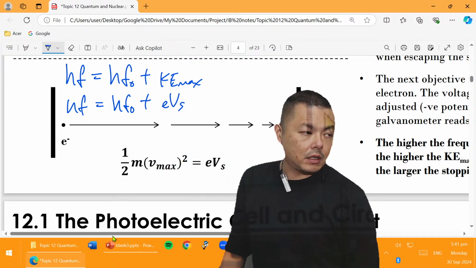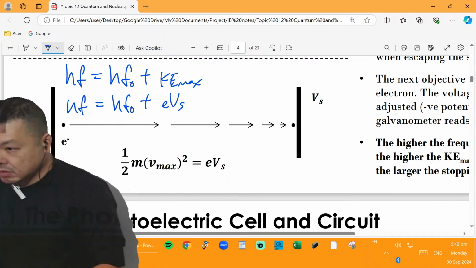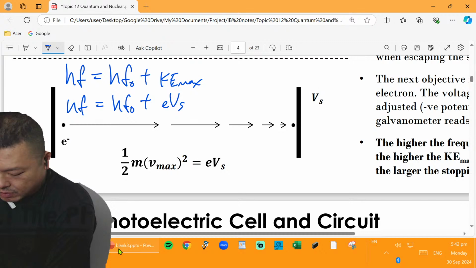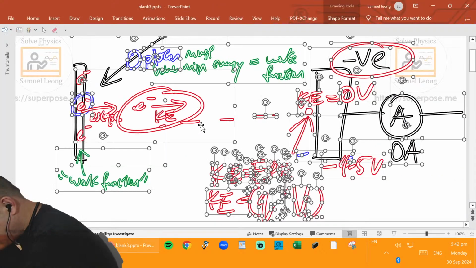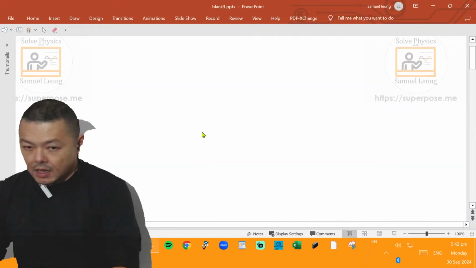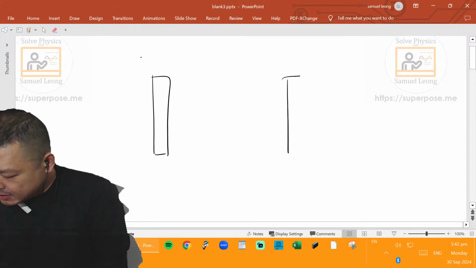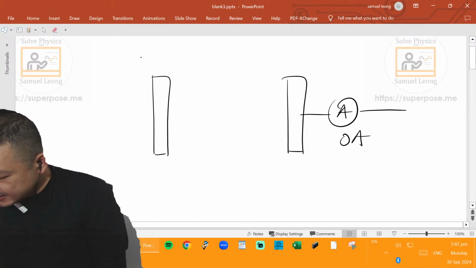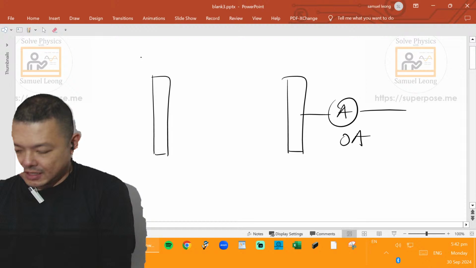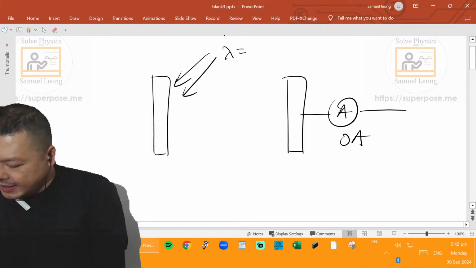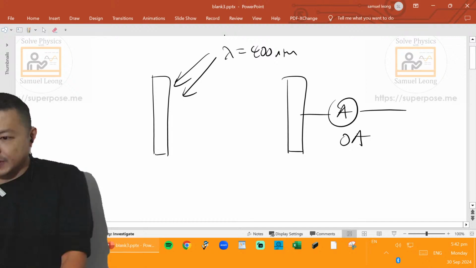I will give you an example now. I have a photoelectric cell setup. One plate, another plate, emitter, and the ammeter reading is 0. An incoming photon has a wavelength of 400 nanometers.